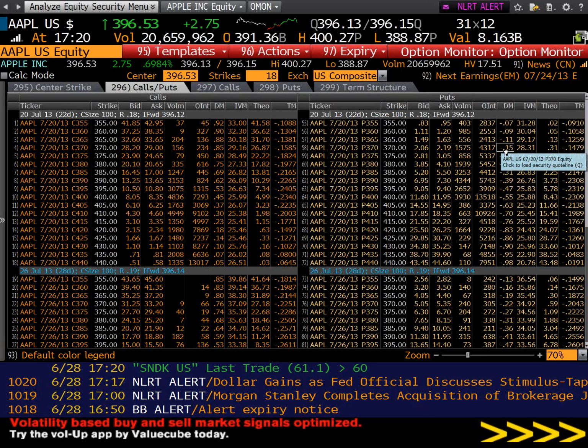So if you sell 10 puts of a stock at 50, and it has a 50 delta, it's as if you were effectively long 2,500 shares.